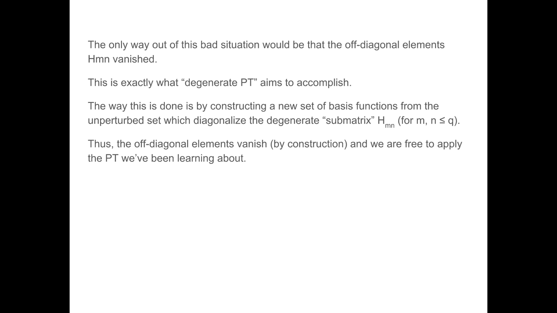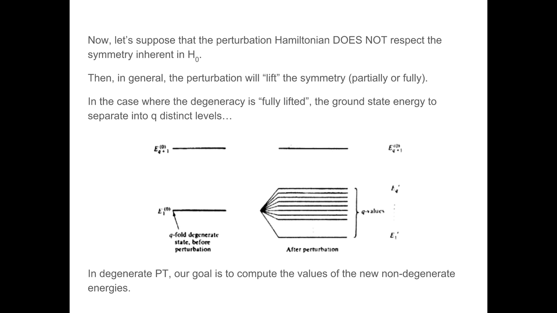Okay, so remember, let me go back to this picture. This might help. Here we have the Hamiltonian matrix, the full matrix that we would build, with all these different eigenstates in it. Some of them might be degenerate, and some, like maybe this one, are not degenerate. If an energy eigenstate is not degenerate, then we can apply the non-degenerate perturbation theory that we've been learning about.